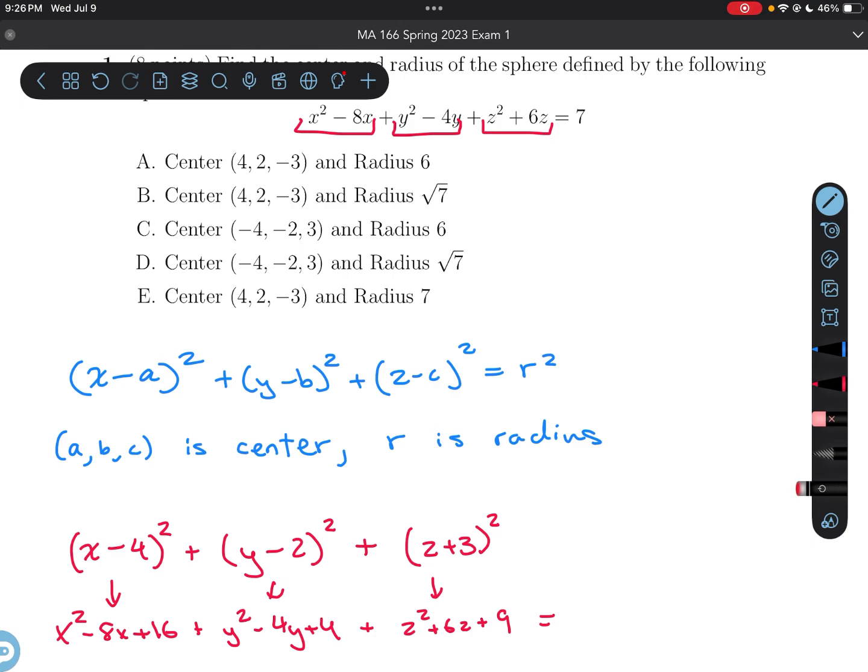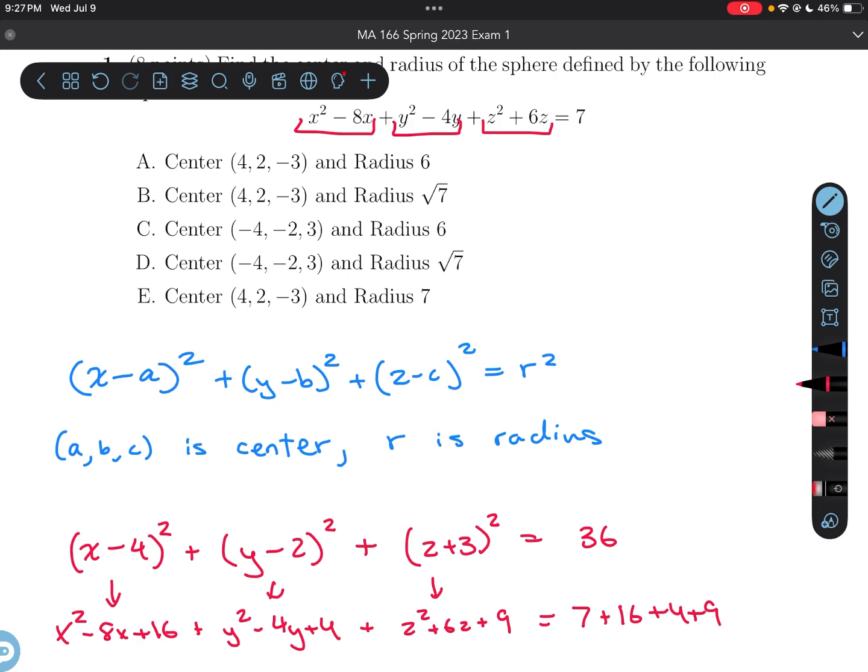An easy mistake would be to say that the number that goes here is 7. However, that's not true because we have an extra 16, 4, and 9. So what goes on the right-hand side is 7 plus 16 plus 4 plus 9, which adds up to 36.